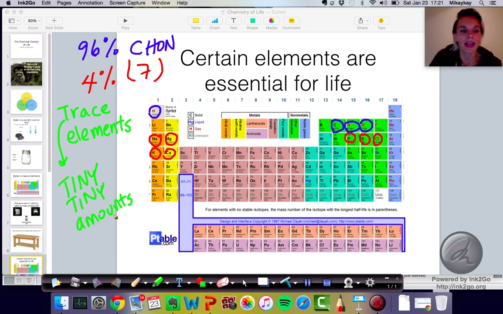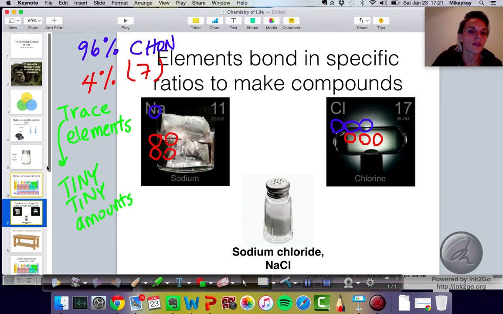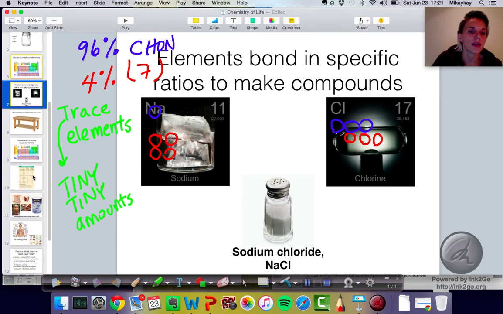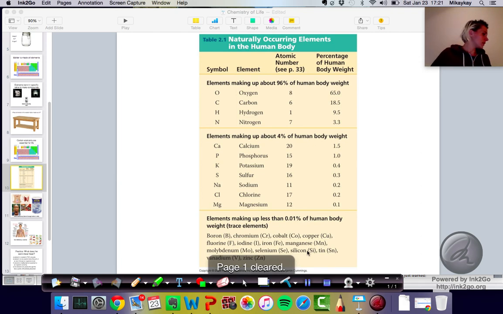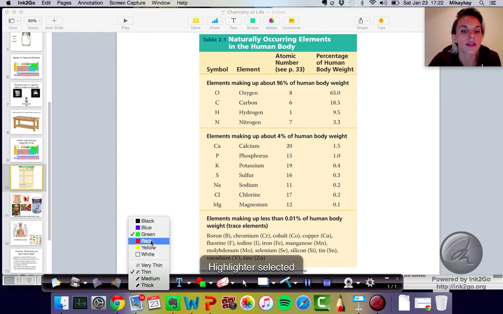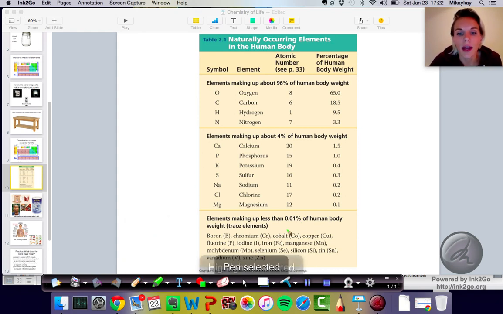So you had a table in your reading that listed off all of these trace elements. If you flipped into the textbook, it is on page 32. You have a table that shows all of these.